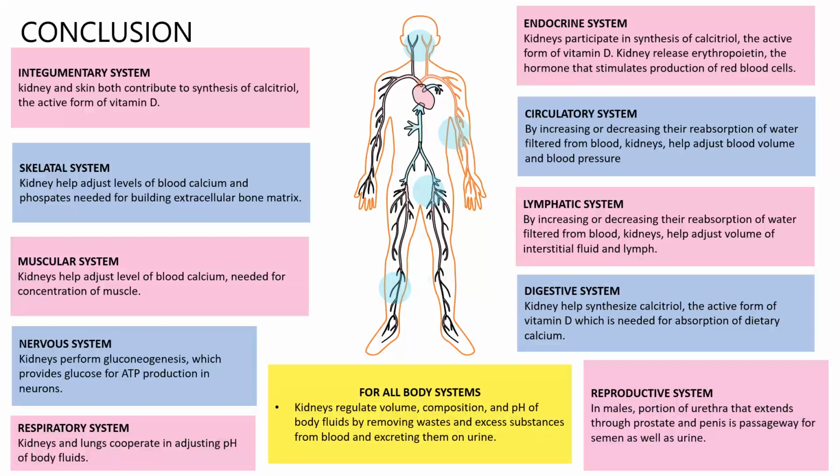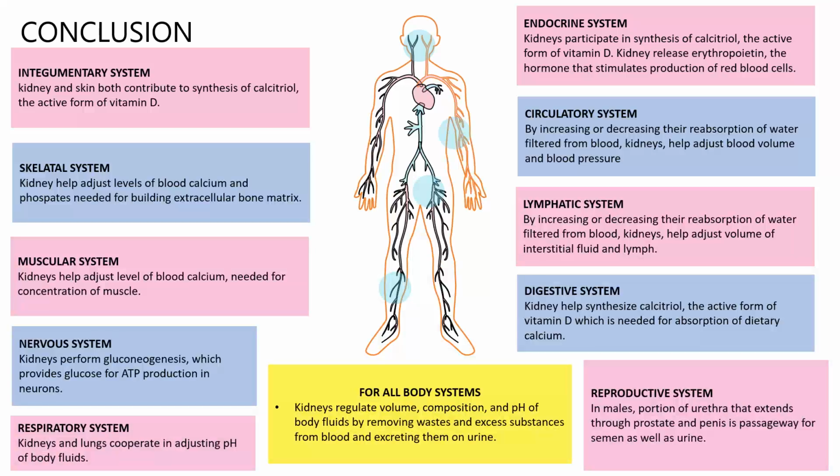Next, for the circulatory system, by increasing or decreasing their reabsorption of water filtered from blood, kidneys help adjust blood volume and blood pressure. For the lymphatic system, by increasing or decreasing their reabsorption of water filtered from blood, kidneys help adjust volume of interstitial fluid and lymph.